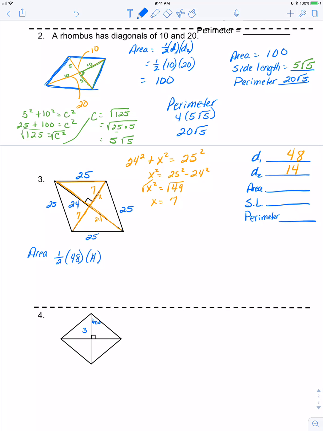And if we multiply all that together, it is 336. So our side lengths are 25. We're given that. So then our perimeter, or all those side lengths added together, or 4 times 25, which is 100.